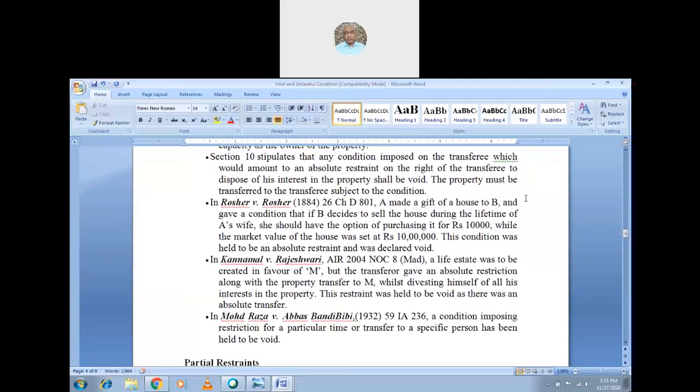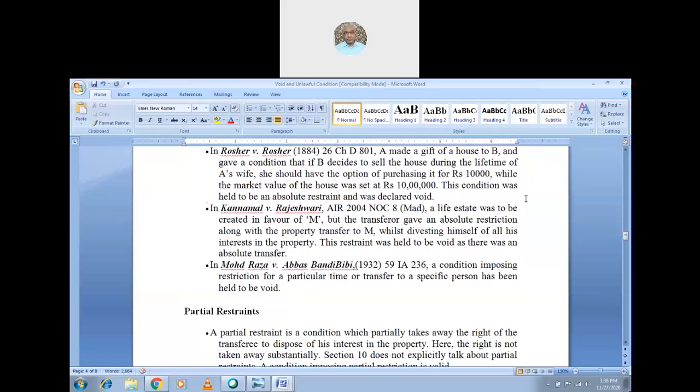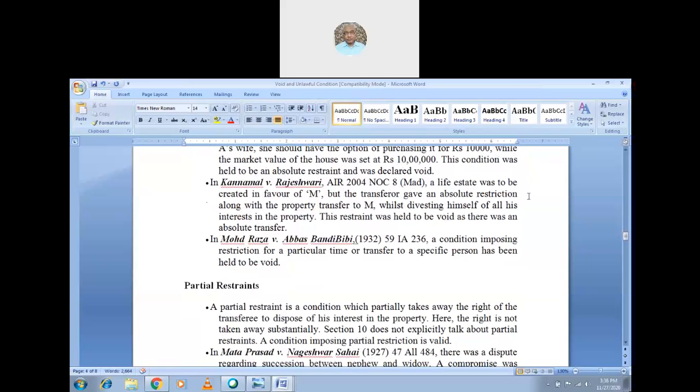The restraint was held to be void. There was an absolute transfer. So if we keep a certain restriction in such an instance, the restriction is void but the transfer is valid. That was how the Kannamal versus Rajeshwari case law was decided.